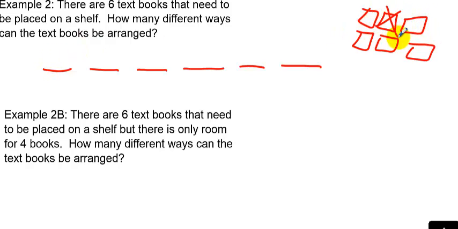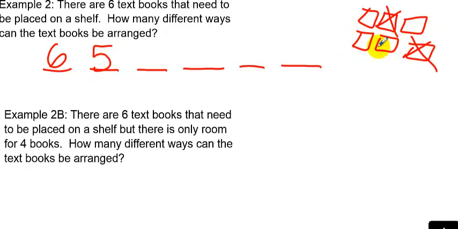Doesn't matter which one, so let's say this one. I'm going to put a 6 there because I had 6 to choose from when I put it in the first position. Now I only have 5 left to choose from because that first book is locked into the first position on the shelf.